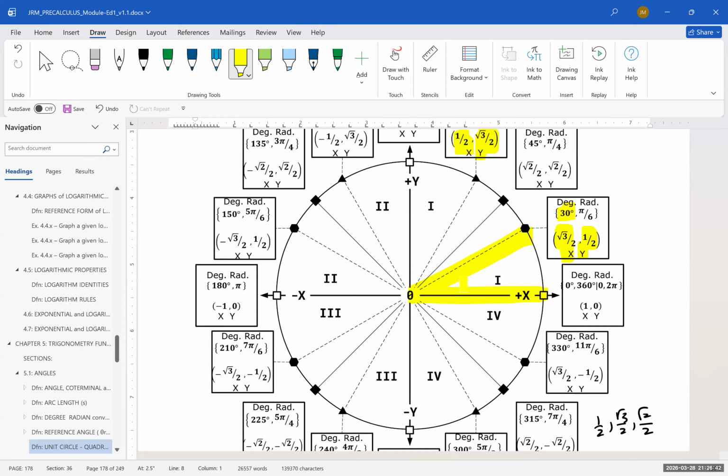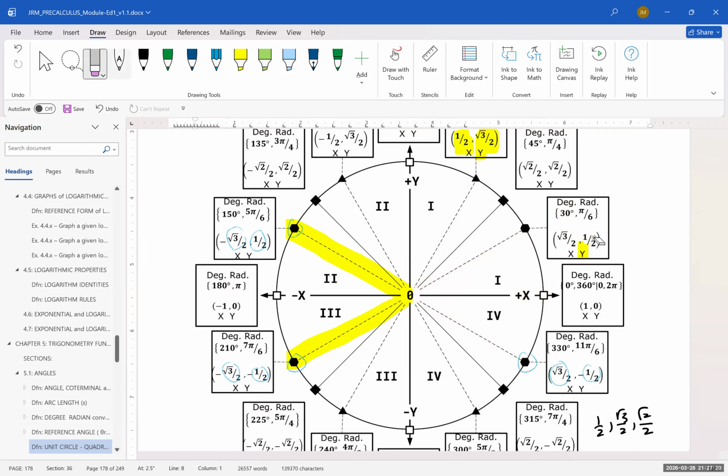And look at the other angles of interest with reference angles of 30 degrees. This one, and this one. They have square root of 3 over 2, 1/2, square root of 3 over 2, 1/2, just differing by positive or negative based on the locations of each of the points on the unit circle: quadrant 1, quadrant 2, 3, or 4.